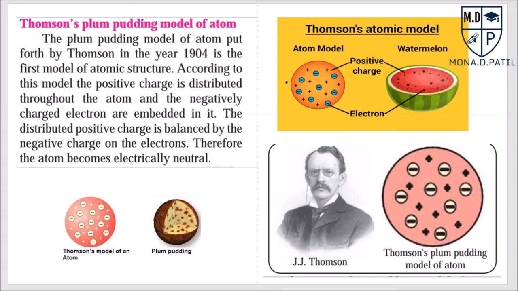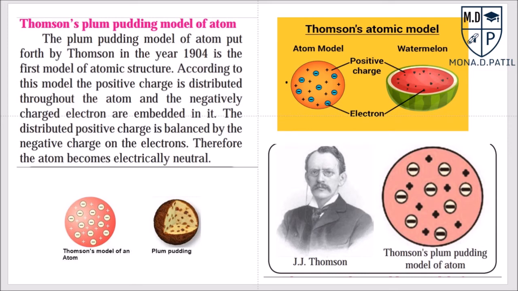Here you can see the picture of a watermelon. The watermelon is compared to the atom. In the atom there are equal numbers of positive and negative charges. The positive charge is like the red mass in the watermelon, and the negative charge is like the seeds embedded in the red mass of the watermelon.